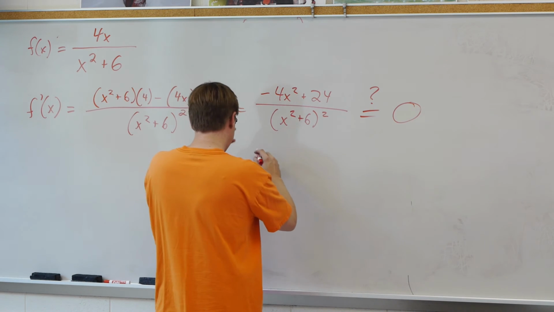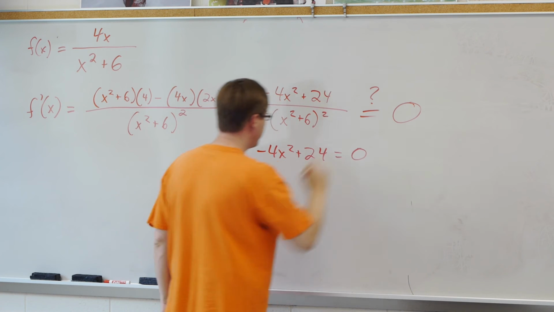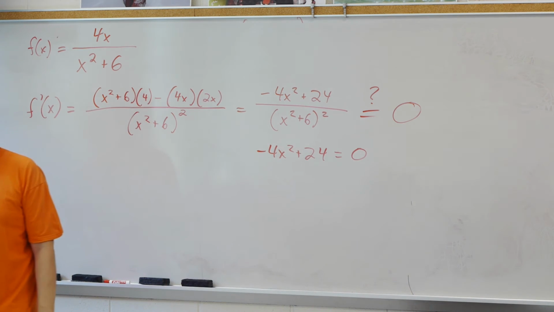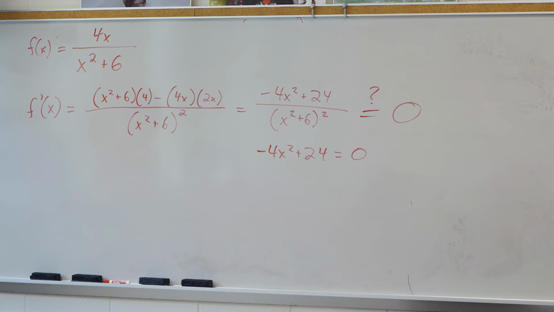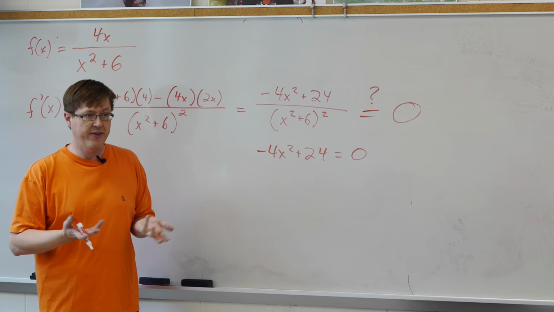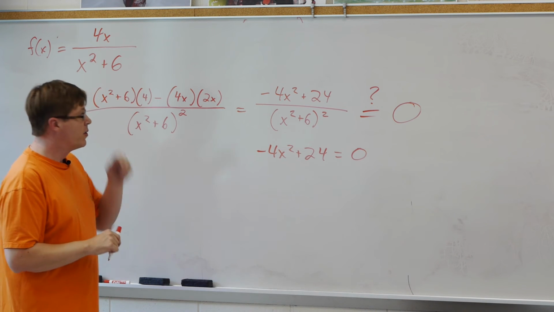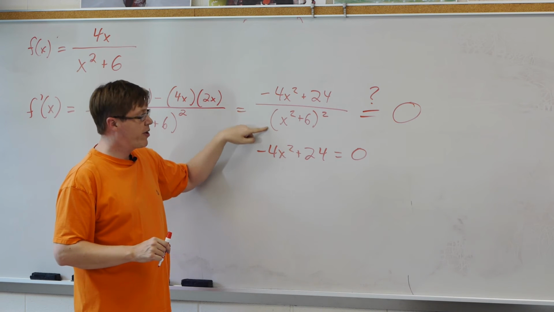So this is the same as solving negative 4x squared plus 24 is 0. You can also think of that as cross multiplying, and the denominator cancels out. If that makes sense, think of it that way. Well, because if the top equals 0, I don't care what the bottom is.